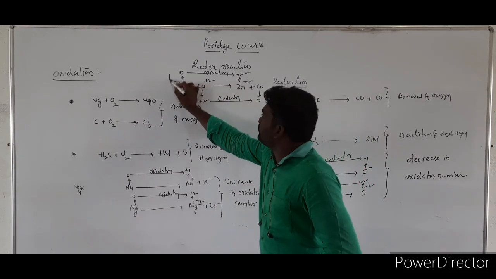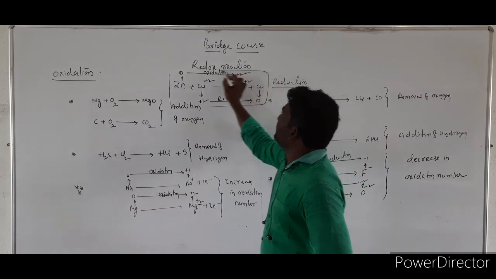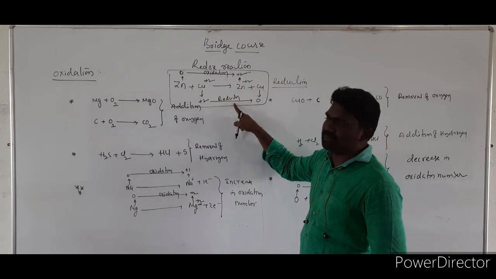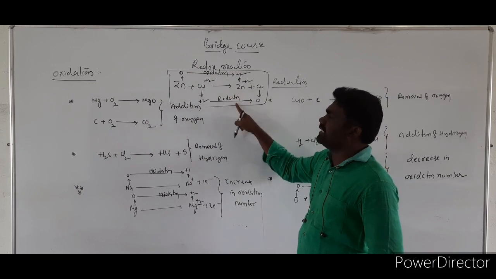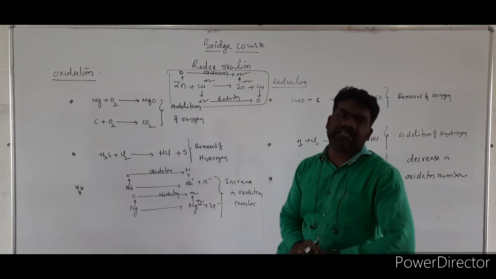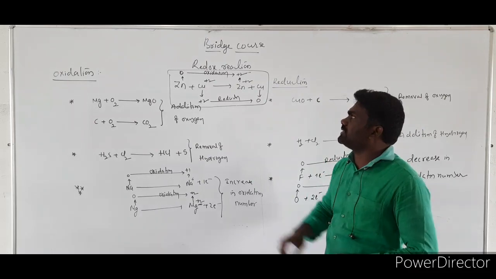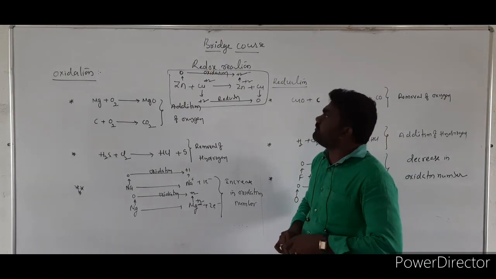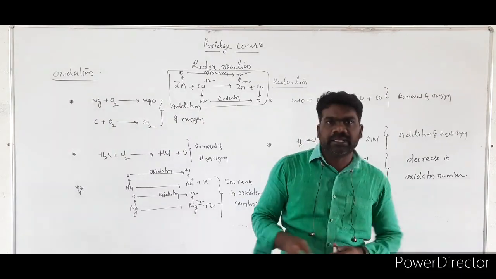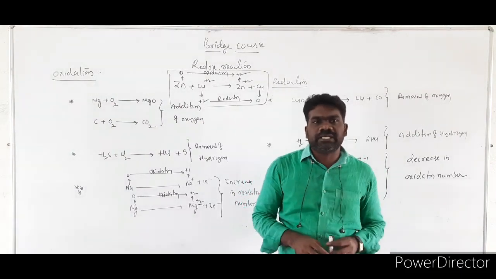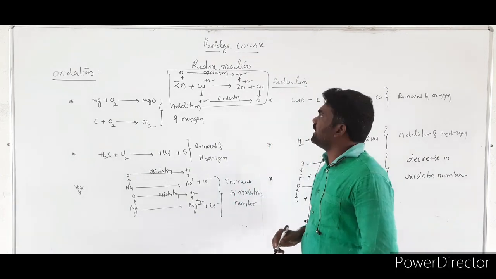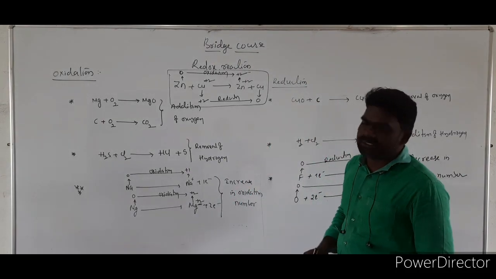So this is only one single reaction, in which oxidation is taking place and reduction is taking place. Both oxidation and reduction take place simultaneously. Such reactions are called redox reactions.